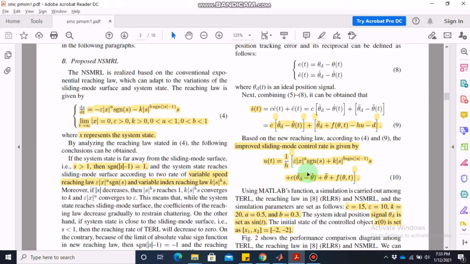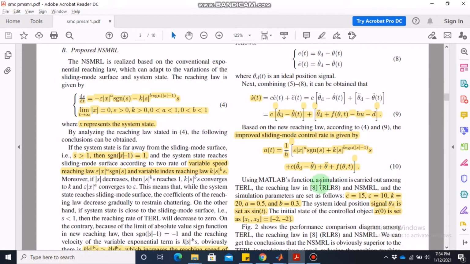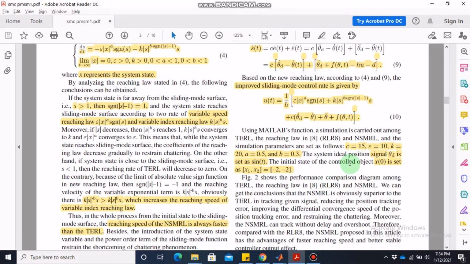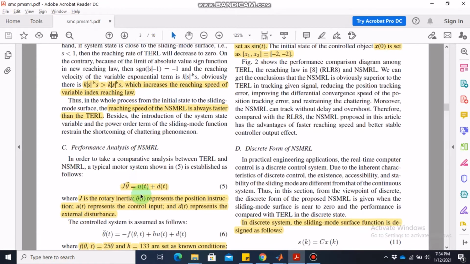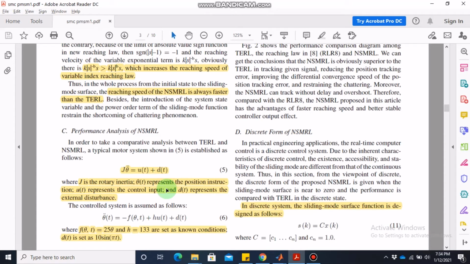That is the main thing for us, because this is the control law that results from the sliding surface and its derivative. And here are some values of the parameters used in the simulations. They have this model, J theta double dot is equal to u plus d, where J is the rotary inertia, theta is the position, u is the control input, and d represents the external disturbance.